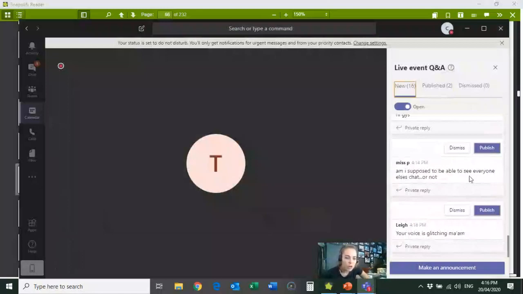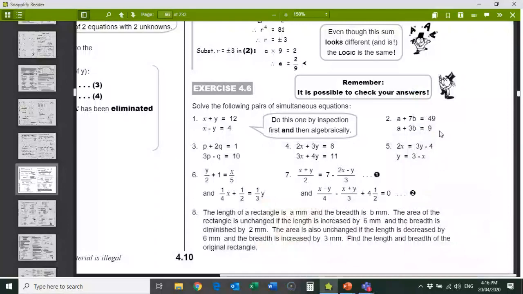Miss P asks, am I supposed to be able to see everyone else's chats or not? I'm not quite sure. Lee, just maybe check your connection if I am glitching.